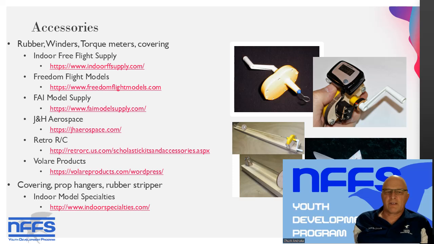Indoor Model Specialties, Ray Harlan, tends to support the higher end models such as F1D, but you can get their rubber stripper, prop hangers, covering, and that kind of thing. You can go to their website and it'll say it's down for COVID. He is supporting people through email, but he's not brought his website e-commerce package back up.